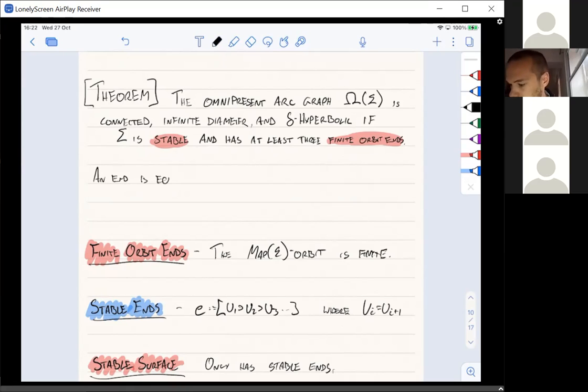It's an equivalence class of a nested chain of subsurfaces.